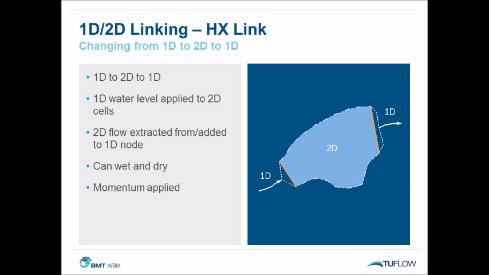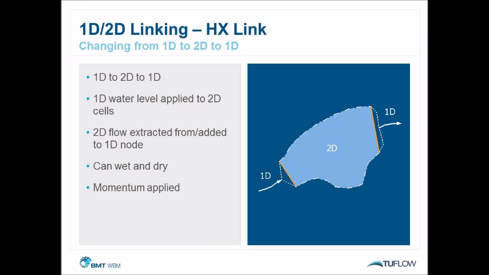So in its simplest form, the very first link that was developed was the HX link, and the concept was, back when it was developed, that 2D models in 1989 were very, very small. Today they would run in seconds, but back then they would run all night. The target was the estuarine coastal areas, and it was just impossible to have a 2D model that covered your entire estuary at the resolution that you wanted.